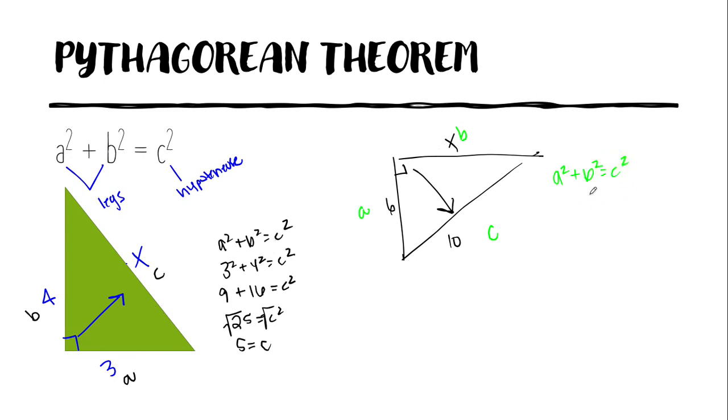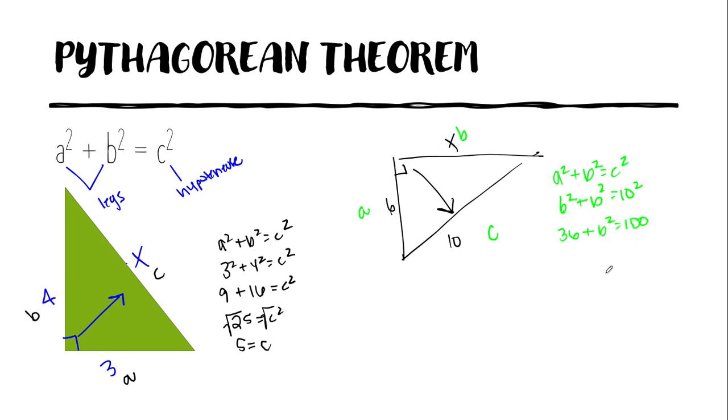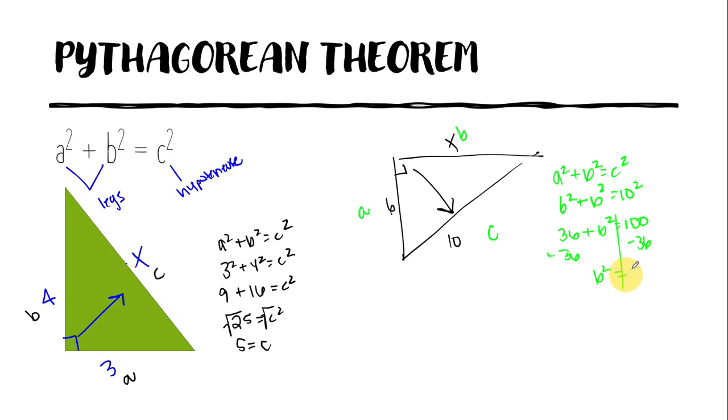So 6 squared plus b squared equals 10 squared. 6 squared is 36. Plus b squared equals 100. What do I do from here? Subtract 36 from both sides. b squared equals 64. Square root, b equals 8.